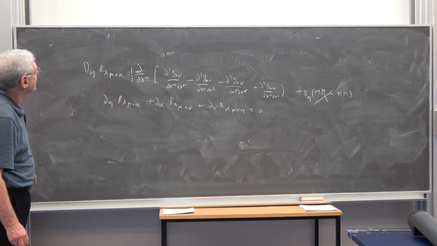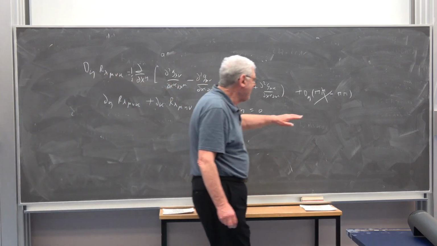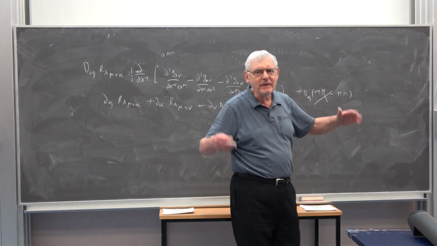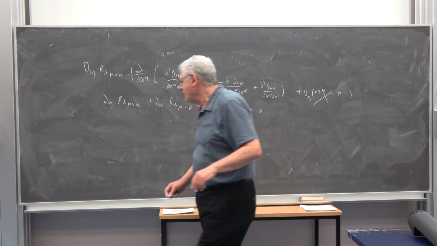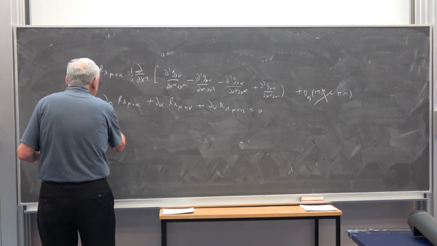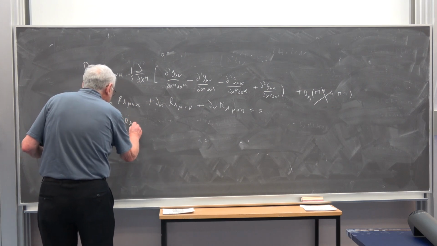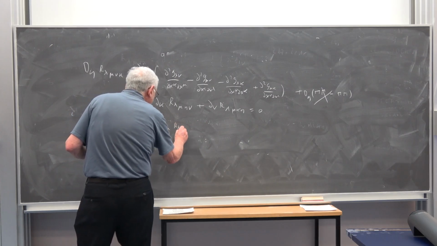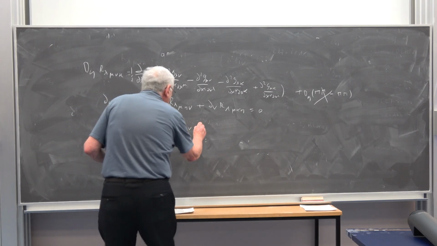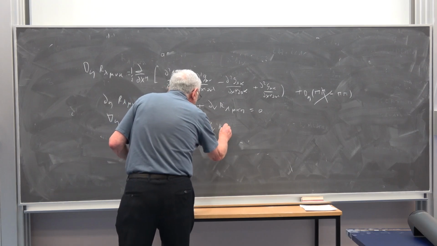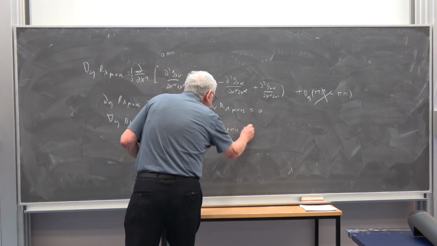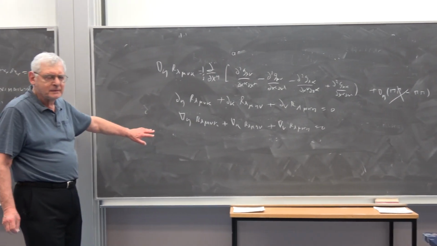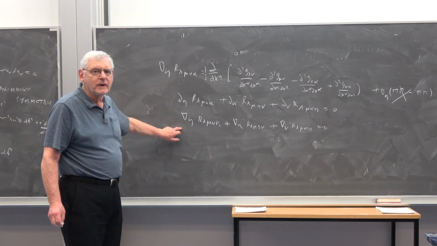Now, that is true at this special point. Therefore, I can covariantize the theory to any point, and therefore I can write grad eta R lambda mu nu kappa plus grad kappa R lambda mu eta nu plus grad nu R lambda mu kappa eta equals 0. I'm just covariantizing.